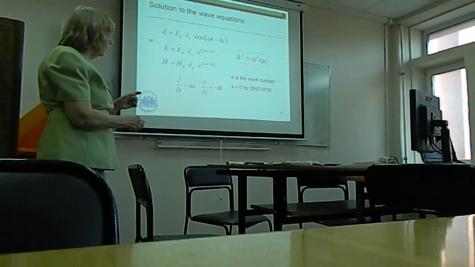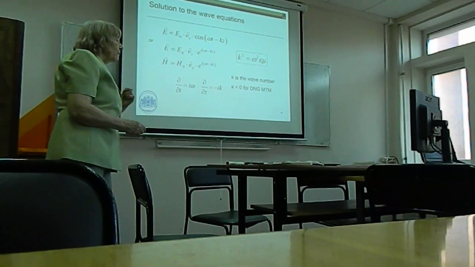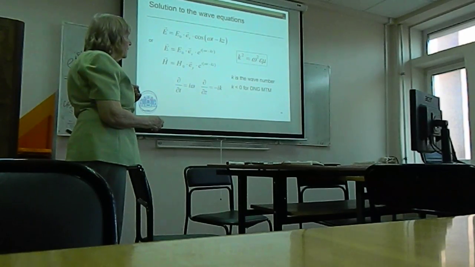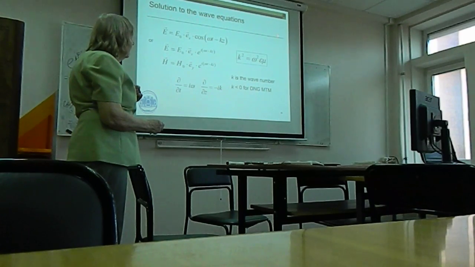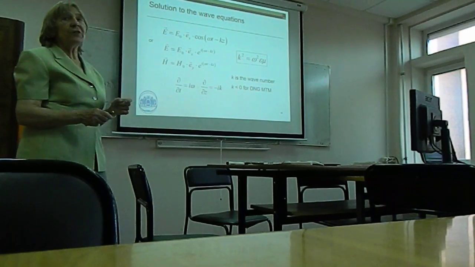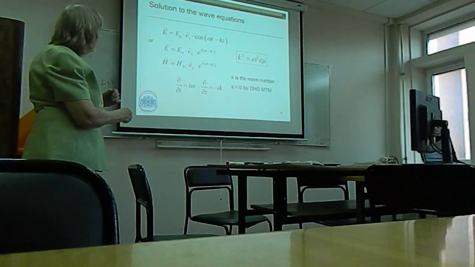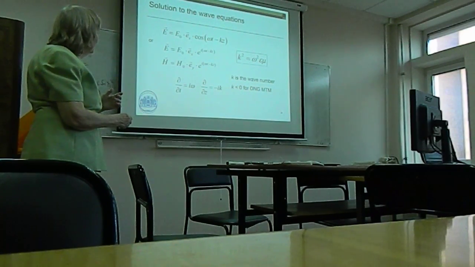We discussed that the absolute value and sign will define this wave number as well as the wavelength. So for both, because the wave equations are the same for the electric part and the magnetic part, the solution is also quite similar.